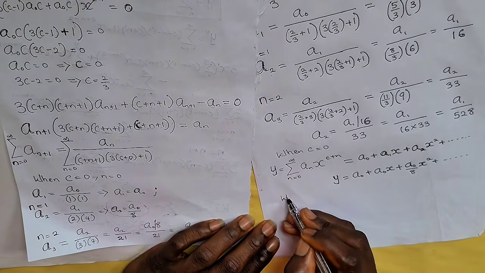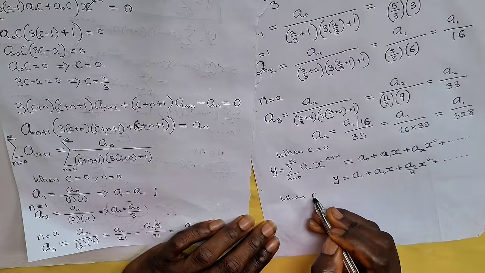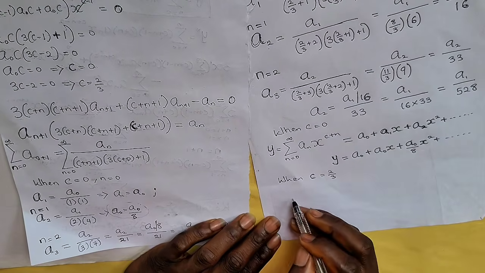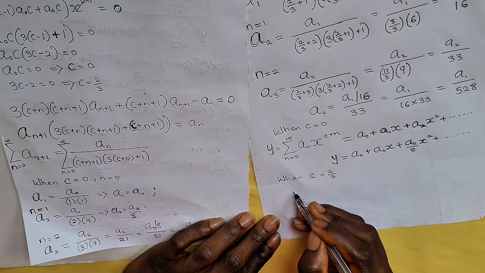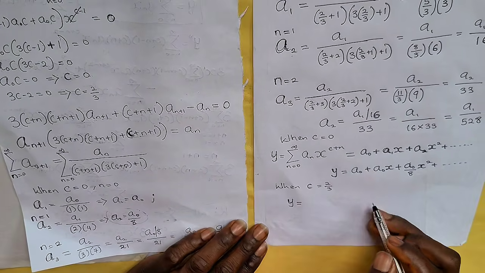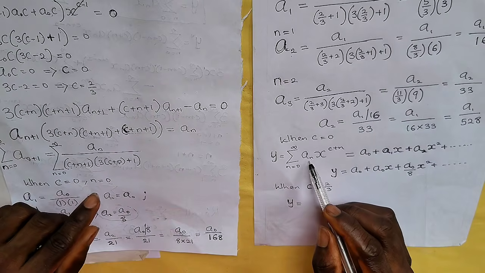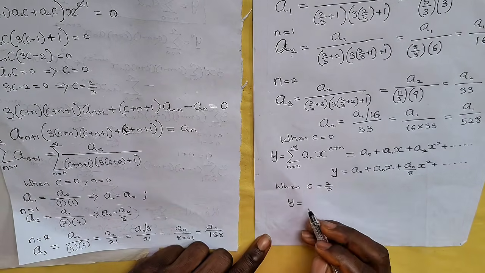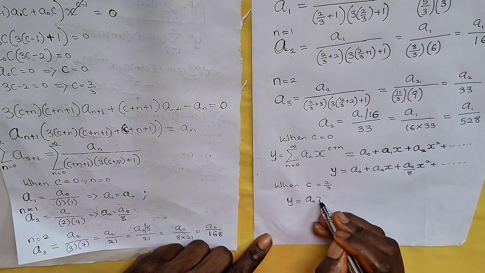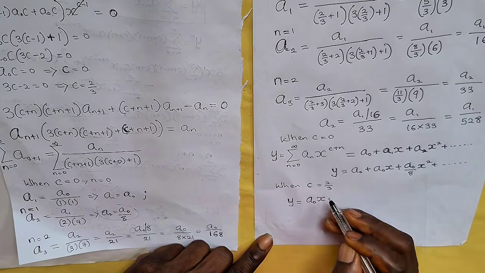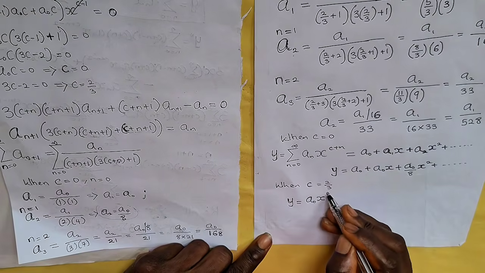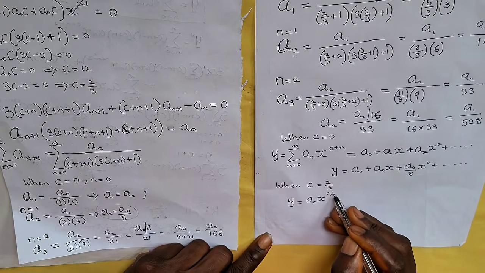Now when c equals 2 over 3, our general form will be y equals, if I put the first one, when n is 0, I'm going to have a naught x raised to power c, which is now 2 over 3, so 2 over 3 plus 0, that's 2 over 3.